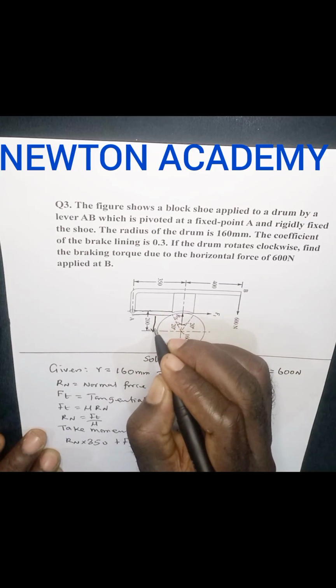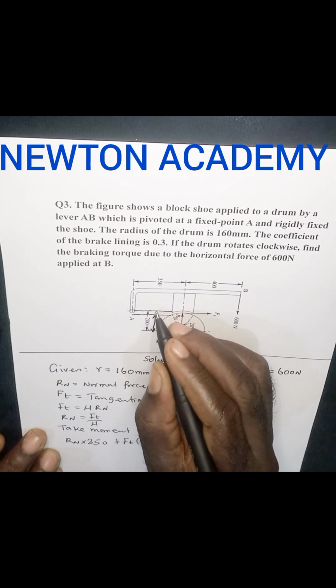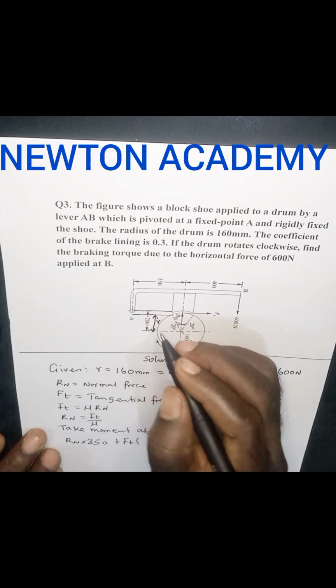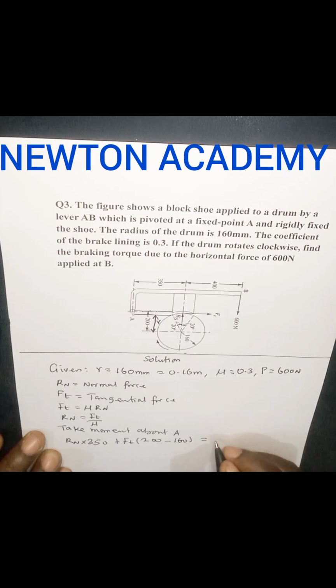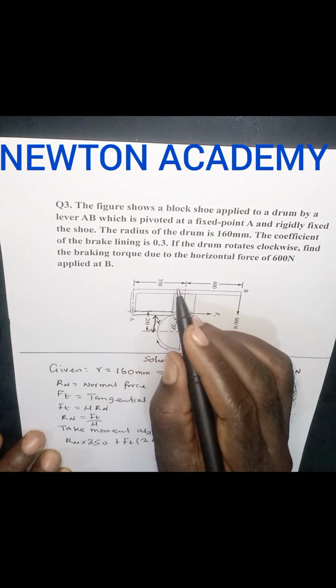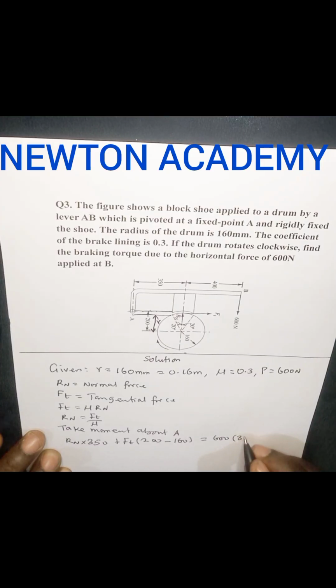From here to here is the radius of the drum. So to get this place, it will be 200 minus the radius of the drum. So we have 200 minus 160, then equal to this force 600 multiplied by its distance, which is 350 plus 400.